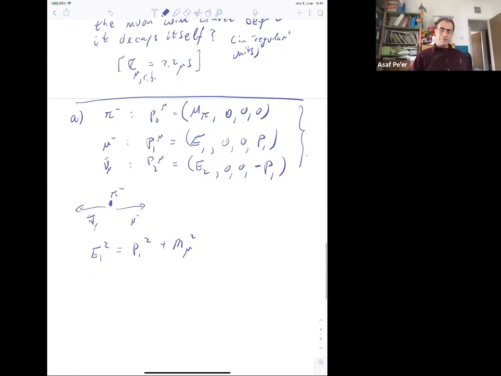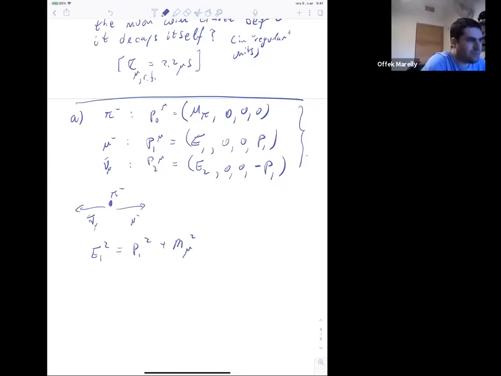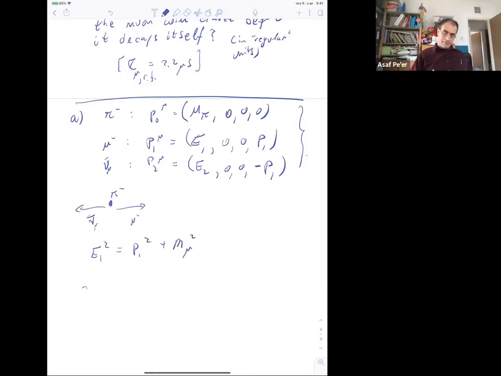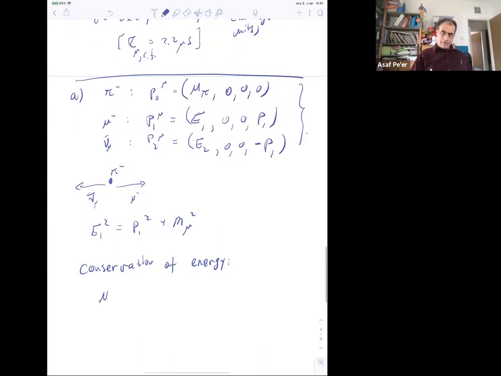So what does conservation of energy say? m_pion has to be the sum of E1 and E2. Correct, very good. So m_pion is E1 plus E2, which means that E1 I can write as m_pion minus E2.